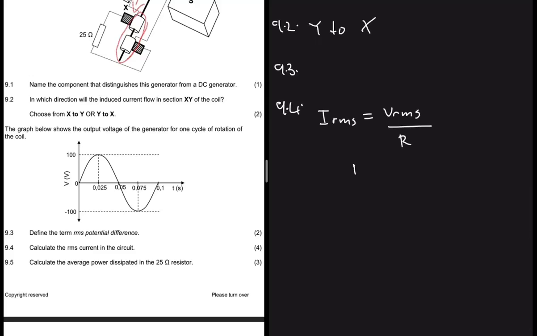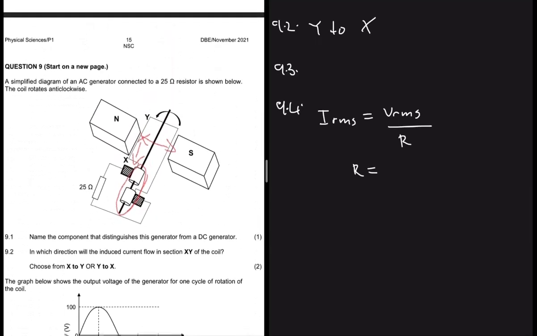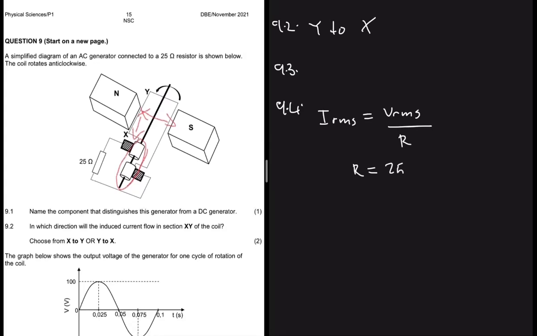So we are given the resistance. It is said to be 25 ohms, but we don't have VRMS. So now what we actually need to do is calculate VRMS first, and then we can determine IRMS.